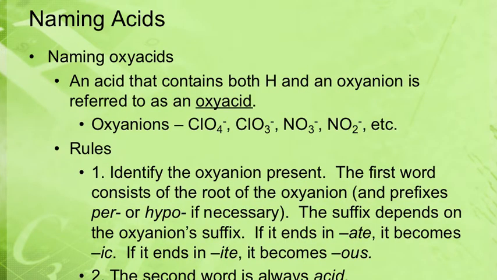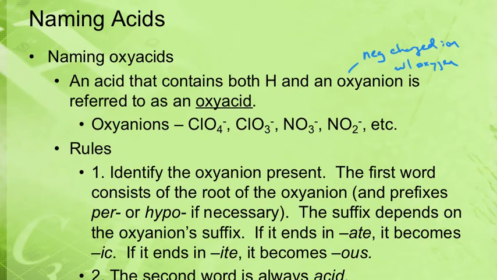Our other type of acid is an oxyacid. So this is an acid that contains hydrogen and an oxyanion. So remember, that's a negatively charged ion with oxygen. So it's got to have a negative charge and it's with oxygen. It's called an oxyacid. So these are things like ClO4 with a -1 charge, ClO3 -1 charge, NO3 with a -1 charge, NO2 with a -1 charge, right?